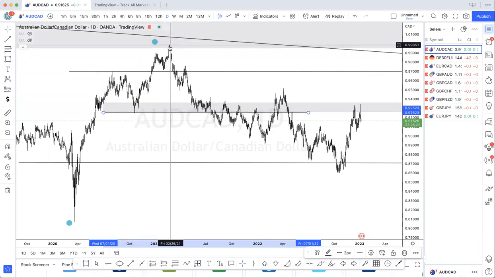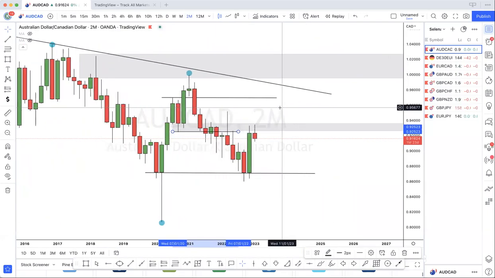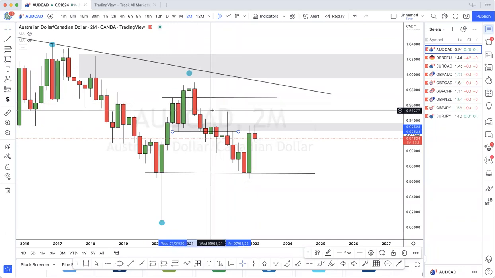And now this is the swing high. But this only became the swing low because price broke this high. So that's what that was on the 2 months. All right, thank you. You're welcome.